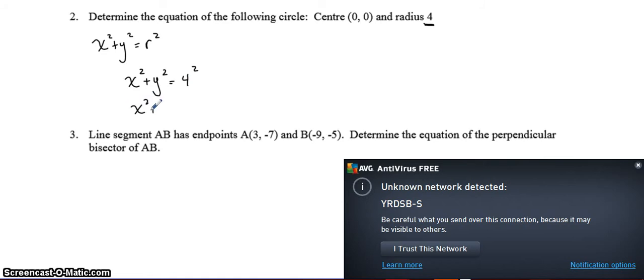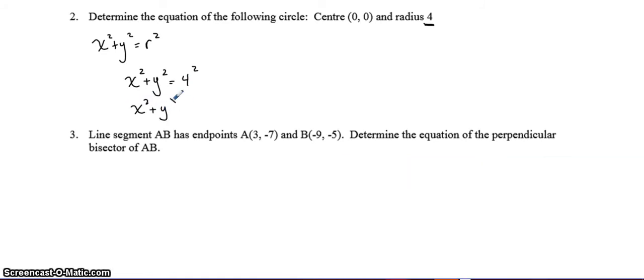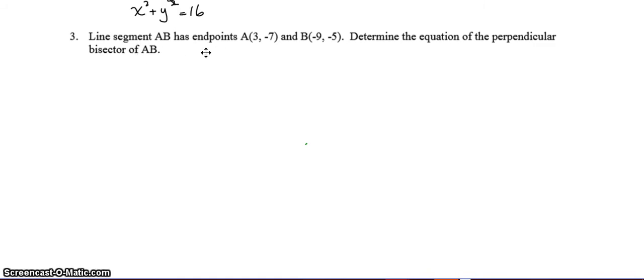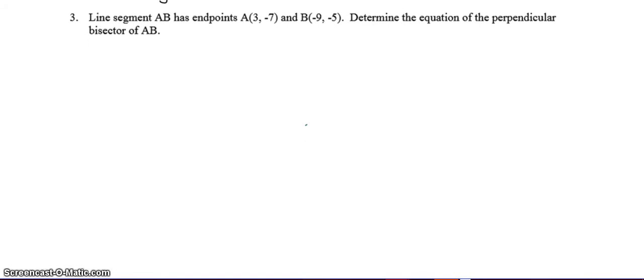And then you can just work out 4 squared to be 16. You are also going to have to be able to find the equations of medians, altitudes, and perpendicular bisectors. So in this example, I will do the equation of the perpendicular bisector. You can look through your notes to find the equation of a median and the equation of an altitude.